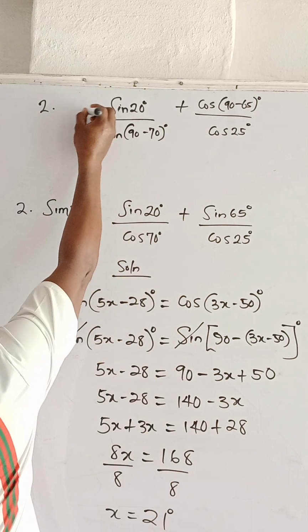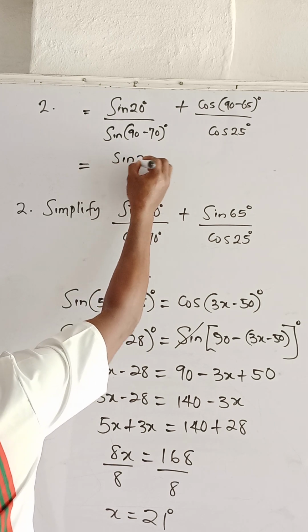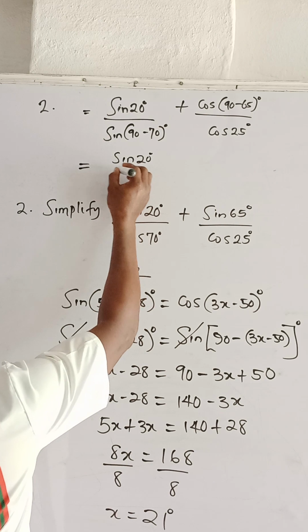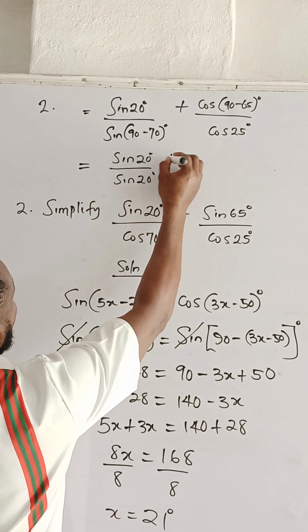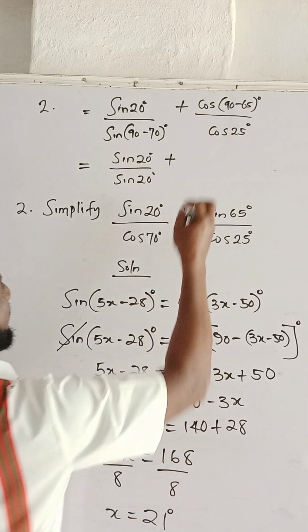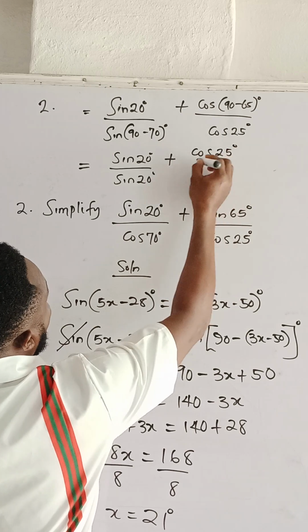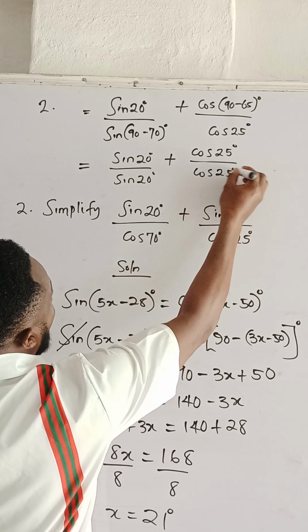As you can see here, we have sine 20 degrees. 90 minus 70 is 20, divided by sine 20 degrees, plus, if we remove 65 from 90, that gives us 25. So we have the cosine of 25 degrees divided by the cosine of 25 degrees.